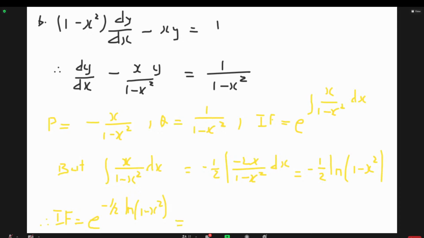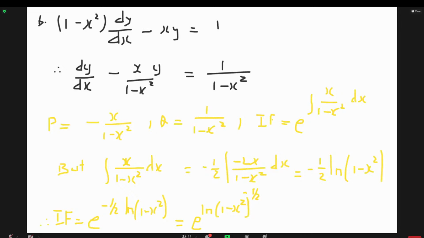So it's going to be e ln 1 minus x squared to the power of a half, which is minus a half, really. Oh boy. Okay, sorry about that. I'm making a mistake here.